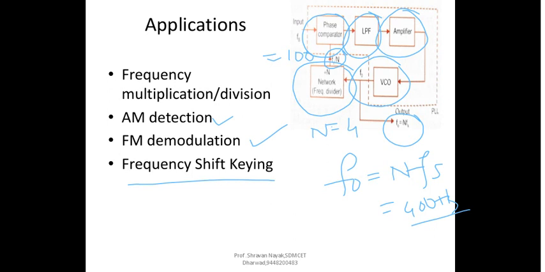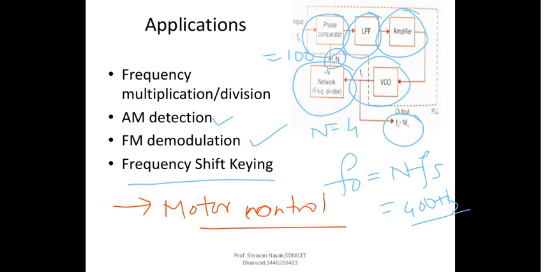If you look at it from the point of view of electrical engineering, we also use it for the purpose of motor control. Whenever there is a deviation in the frequency as far as an AC motor is concerned, if you want to synchronize the frequency of the motor with respect to the system frequency, then the PLLs are used. They are used in FACTS devices, flexible AC transmission system devices, in order to have proper monitoring over the frequency, in order to avoid instability of the system.